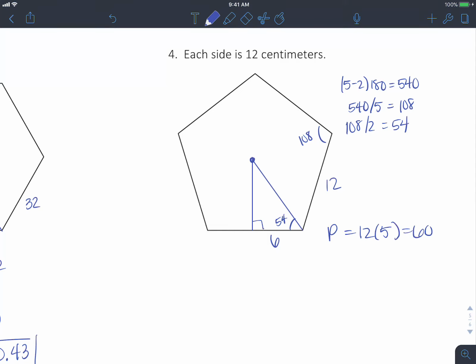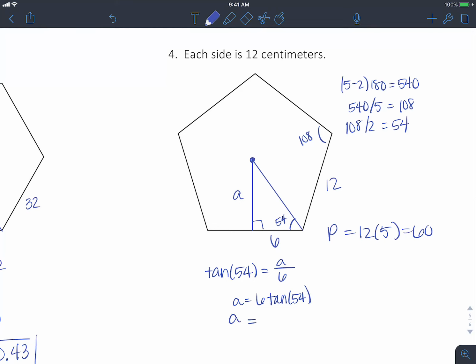We don't have a special right triangle, so we're going to have to use trig. So we need to know the height of our apothem. So we're going to have tangent of 54 equals a over 6. So a is going to equal 6 times tangent of 54.